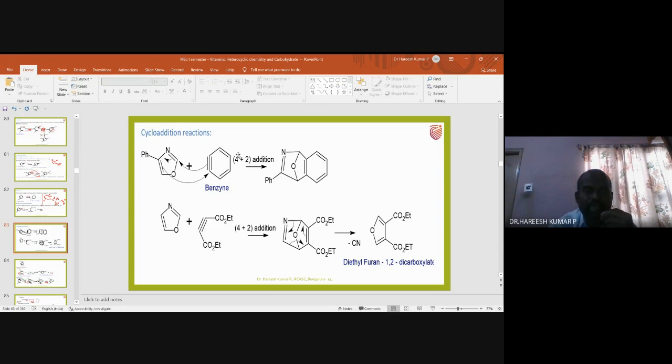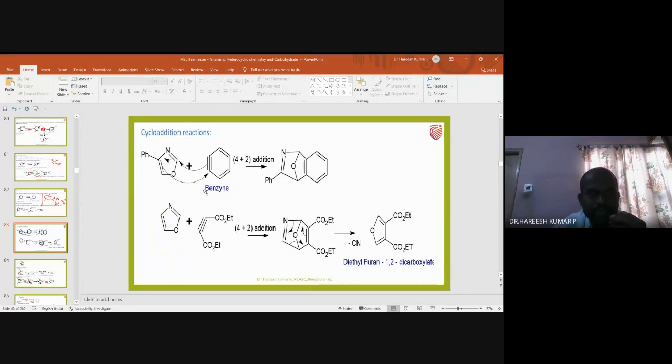This gives a novel bicyclic compound, so the Diels-Alder reaction is very useful in the preparation of 6-membered ring compounds in natural product chemistry.